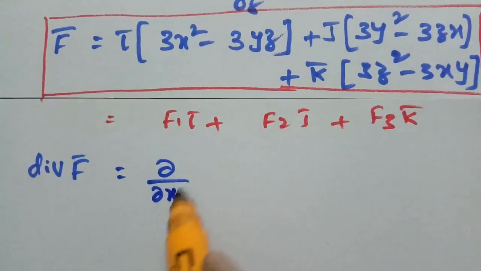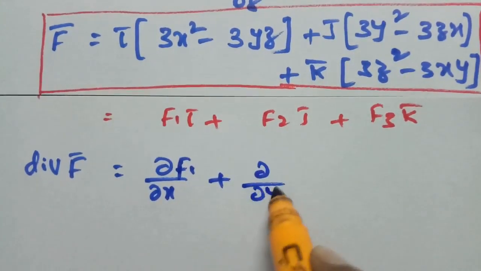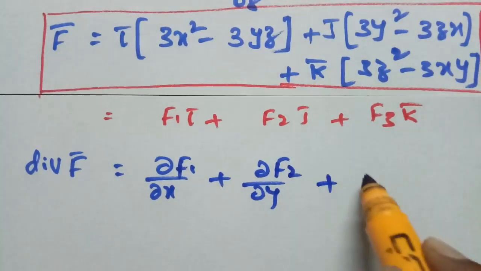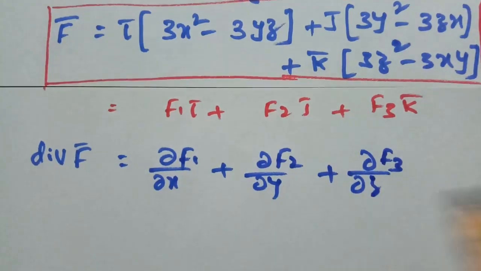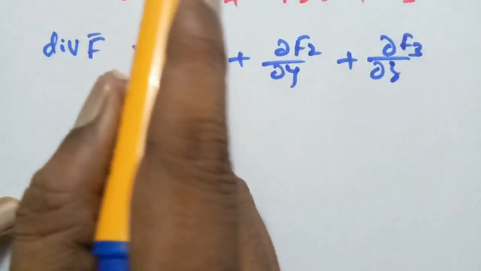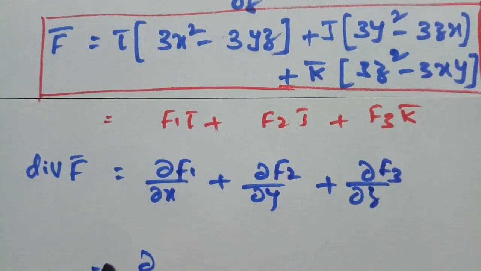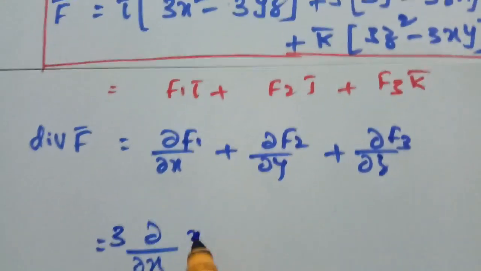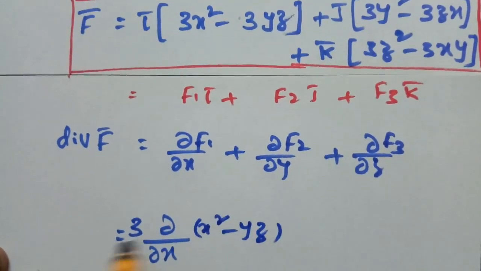Therefore, this is ∂/∂x of F1, where 3 is a common factor, 3 into (x square minus yz).